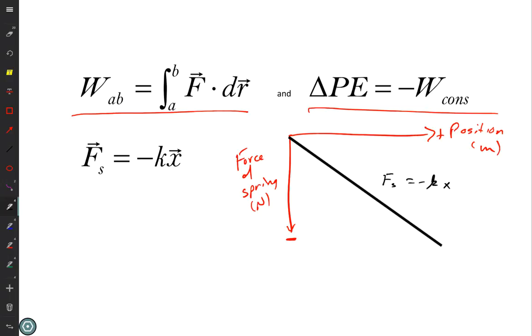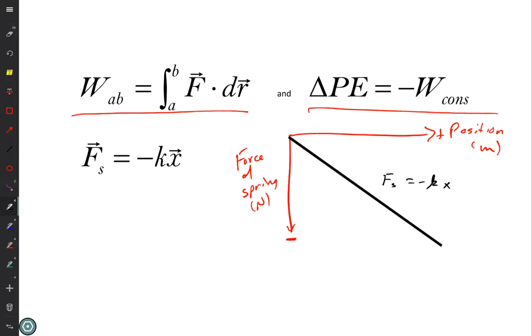What did we learn in class, how we could use a graph to find the work done? Using the slope. Not using the slope, but it's an answer. The what? Not the y-intercept.